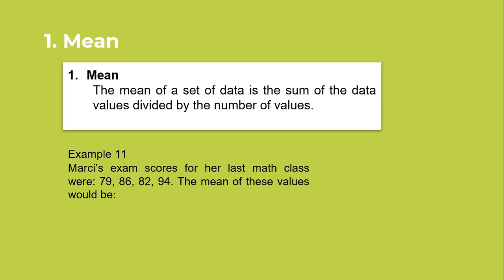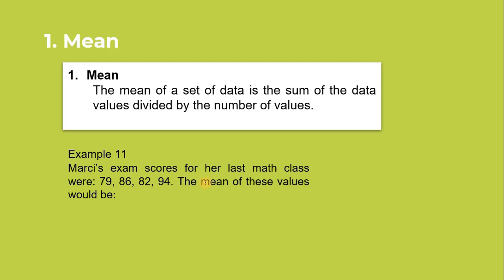The mean of a set of data is the sum of the data values divided by the number of values. So you divide by how many there are. It's as easy as this. For example, the exam scores of Marcy from her last math class were 79, 86, 82, 94.